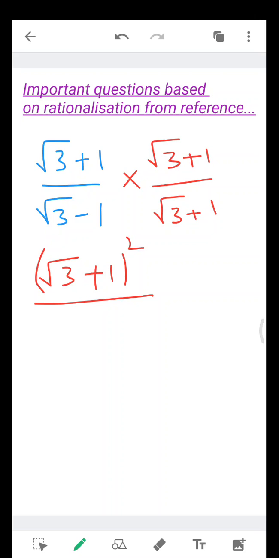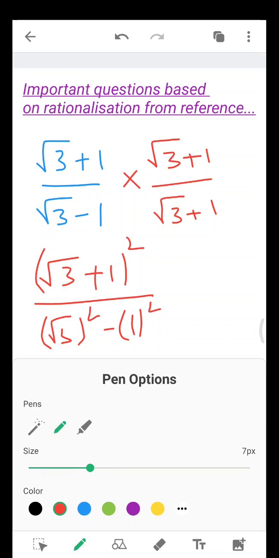Always I'll apply the same formula, because you can see this is a plus b, this is a minus b, signs are different. So we apply the a square minus b square formula here. So the denominator becomes root 3 square minus 1 square.